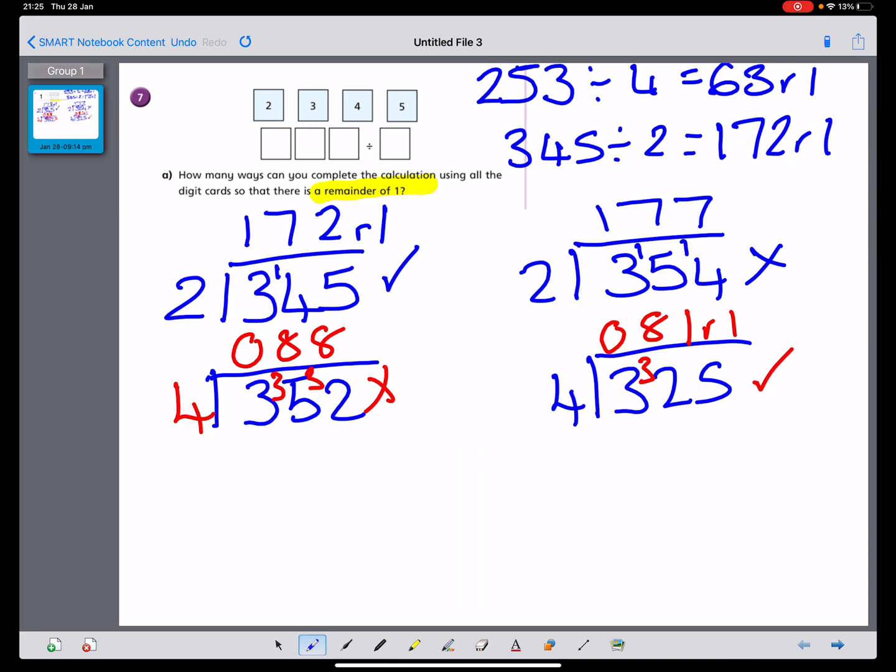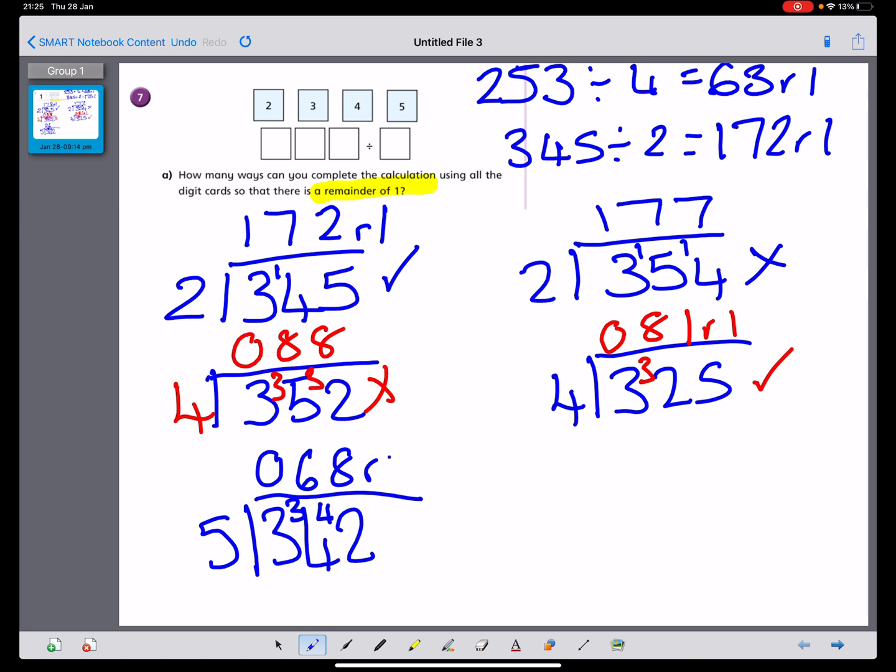Okay, then I have got, what have I not used? So I now need to go 3, 4, 2. And I'm dividing this time, my divisor is 5. 5s into 3 do not go. 5s into 34 go 6 times with 4 left over. 5s into 42 go 8 times with 2 left over.